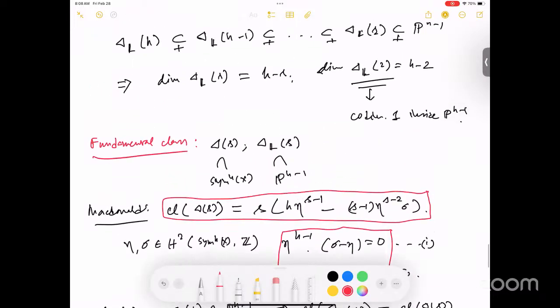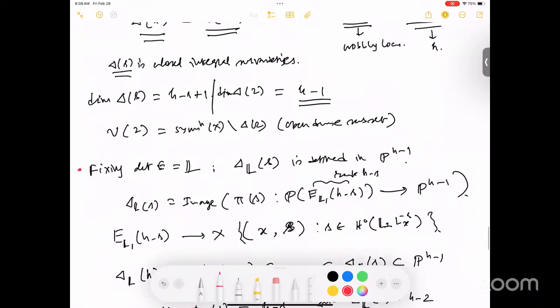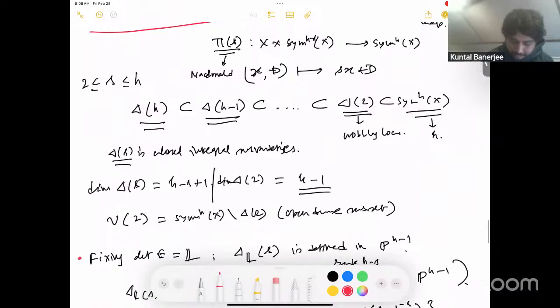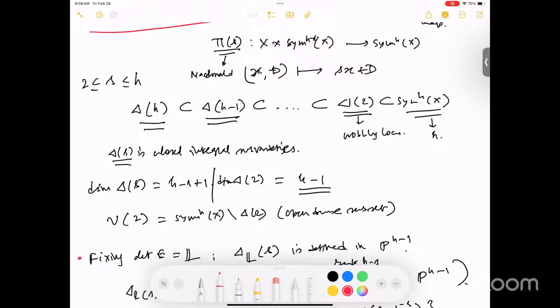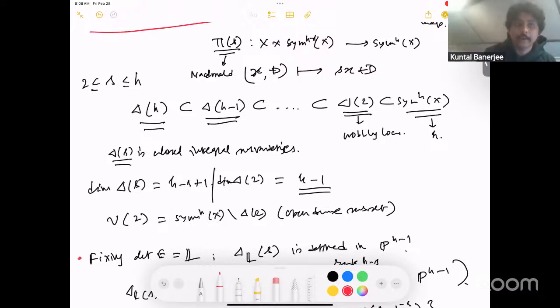These deltas, I mean delta S, are actually obtained as the image of a holomorphic map, and the domain of the holomorphic map is itself an irreducible variety. Symmetric powers are always irreducible, right? So these are irreducible complex analytic varieties, projective algebraic. So there is only one component.